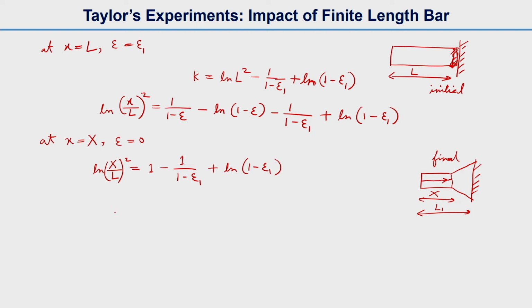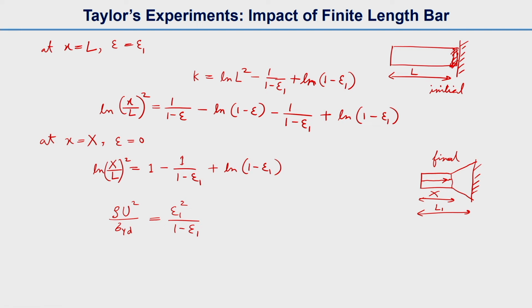From an earlier expression, what we know is rho U square by sigma yd, which is the dynamic yield strength, is equal to sigma 1 square divided by 1 minus epsilon 1.